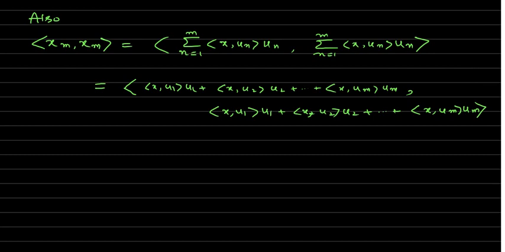So this is the inner product of the first vector with this sum. What's the first vector?